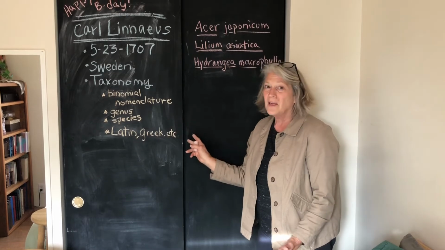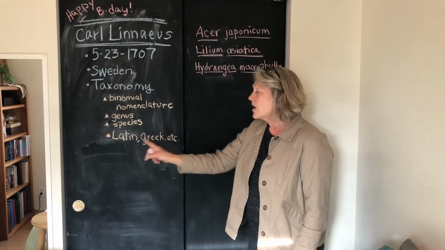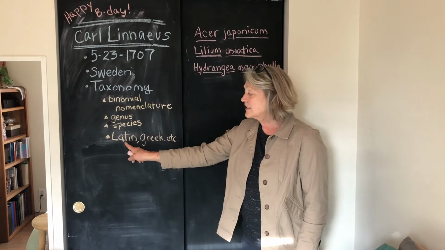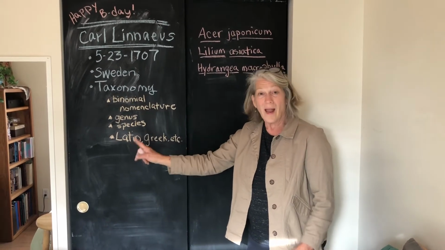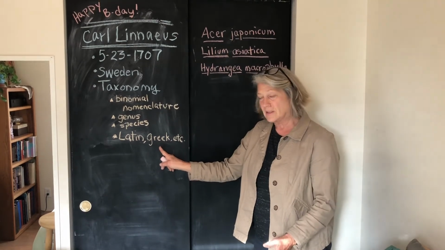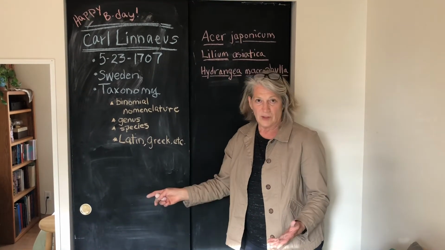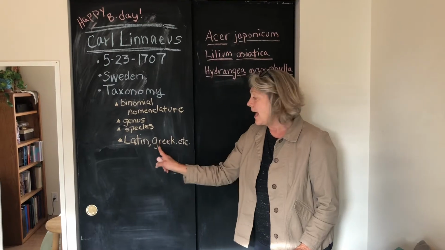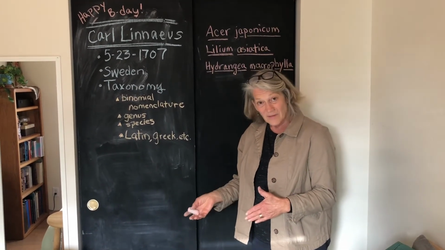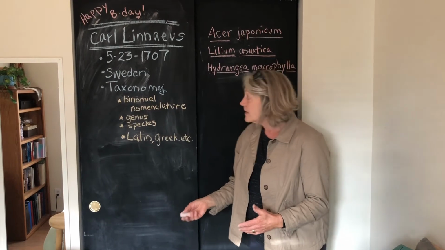Now, when we're talking about binomial nomenclature, we will discover that there are a lot of words that have a derivation from Latin or have been Latinized or even have some Greek roots. But there's also some other languages too, but mainly Latin and Greek you'll discover as you're looking at the botanic or the scientific name of a plant.